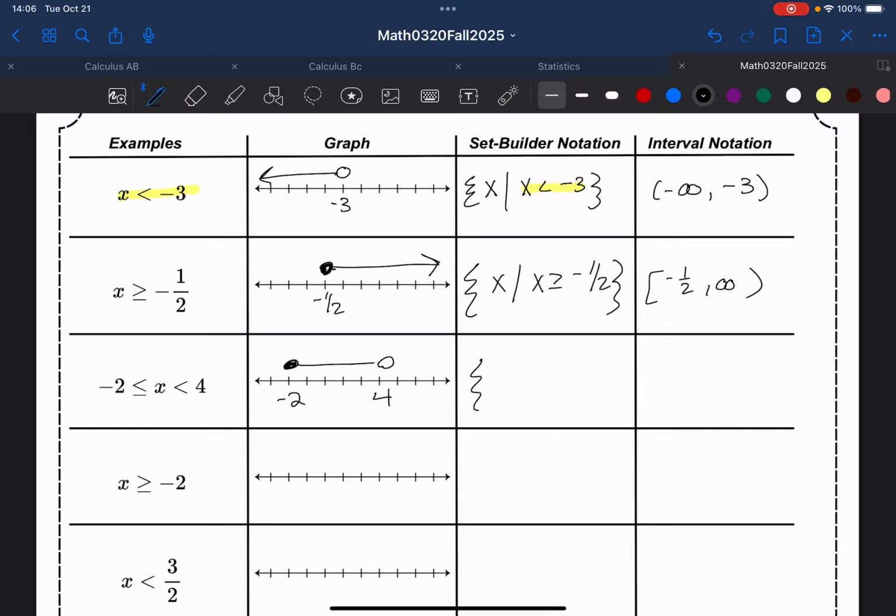Okay, which means I have x such that negative 2 is less than or equal to x less than 4. Again, I'm always writing whatever is in my example into my set builder. Okay, and then based on what I drew, either a closed dot or an open dot determines if I use a bracket or parentheses. So this is going to be bracket negative 2, 4, parentheses.